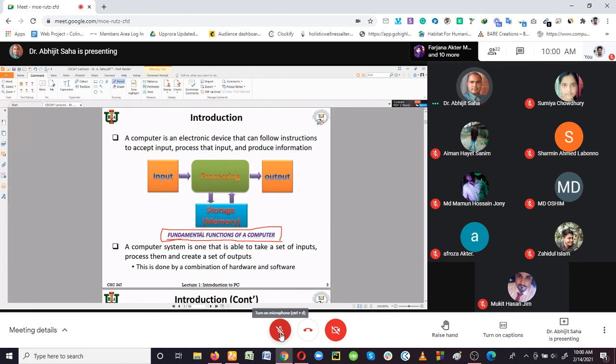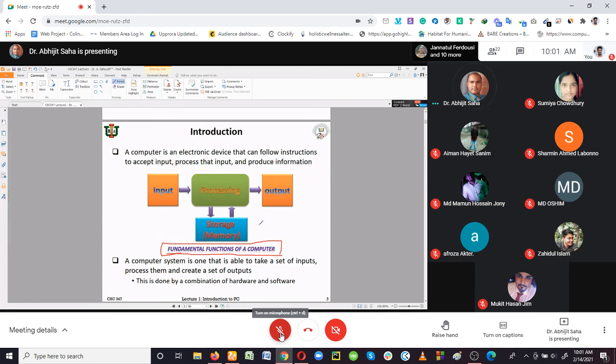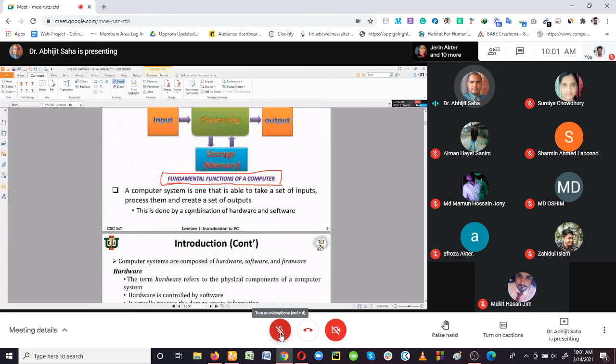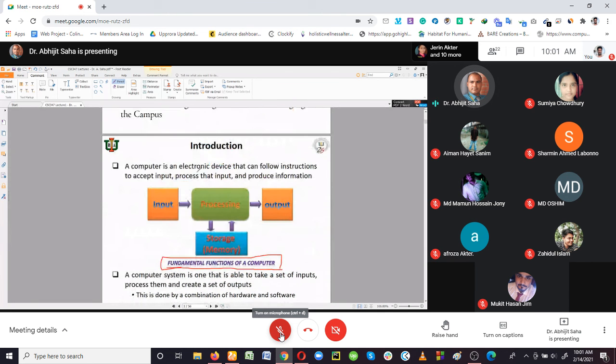So what is a computer? You give the definition, then you draw this figure and explain briefly what is input, what is processing, what is output, what is memory. So you should have to draw it.